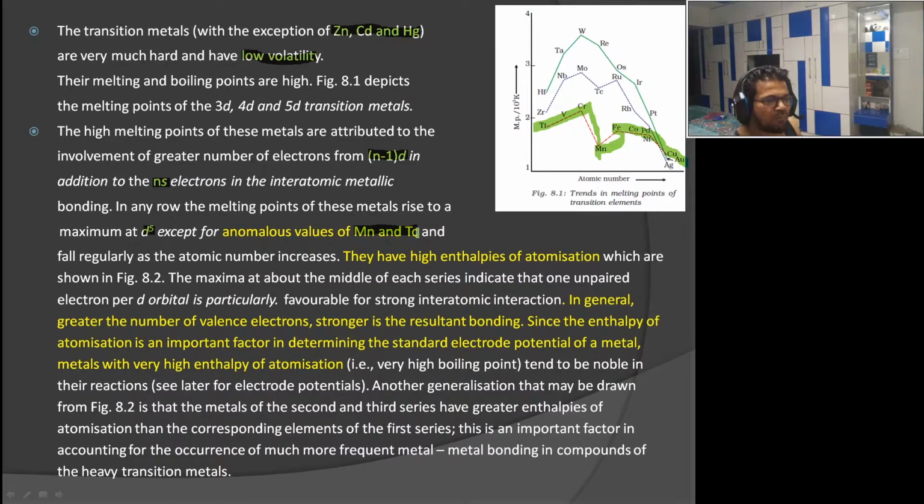All right. And the reason for these having exceptional or anomalous values is because of their complicated lattice structures. Now what it says, Mn and others have, regularly as the size increases, high enthalpies of atomization. Now what is this high enthalpy of atomization? This is thermodynamics. For example, we say carbon in the solid state goes to carbon in the gaseous state.